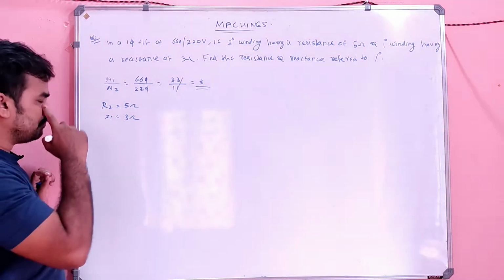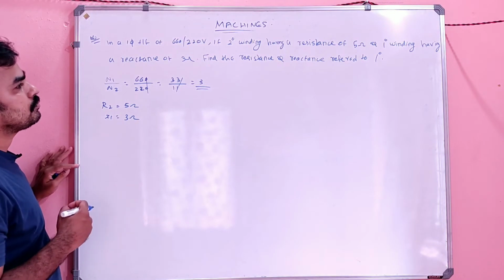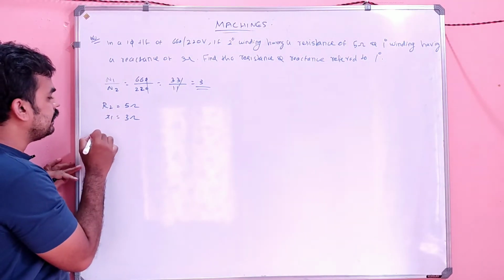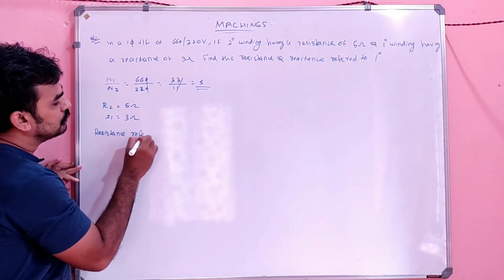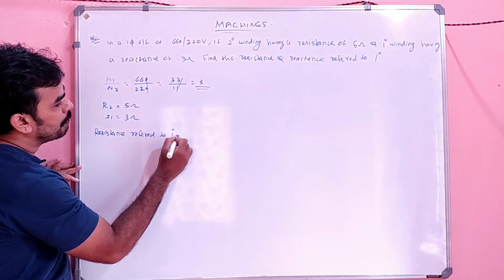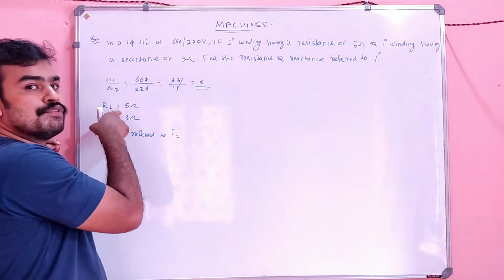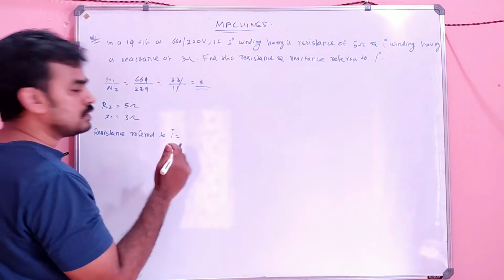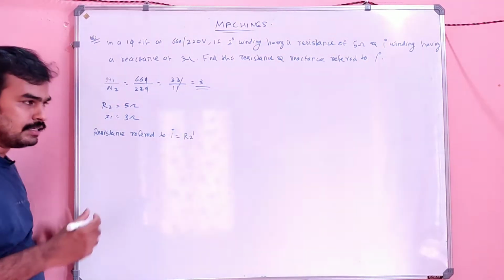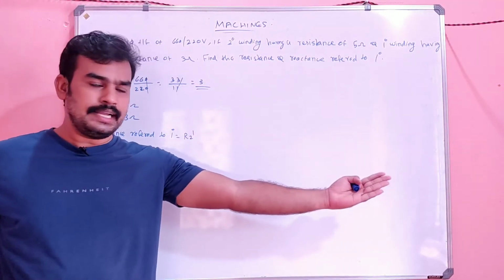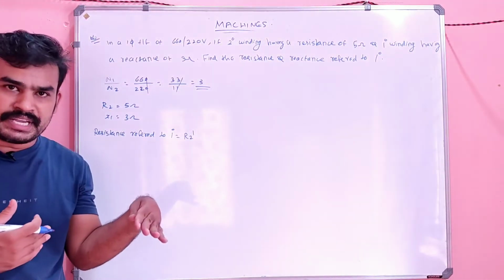So what will be the resistance referred to primary? If R2 is 5 ohm, when it is referred to primary, what will be the new value of resistance, which is nothing but R2 dash. R2 is on the secondary side, it has to come to primary, so that resultant resistance will become R2 dash.